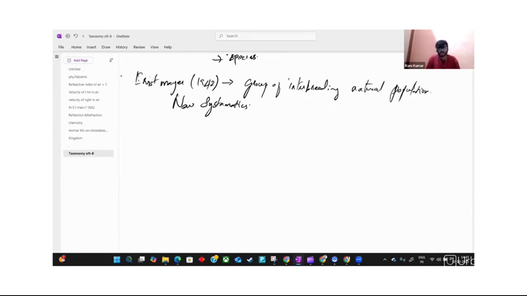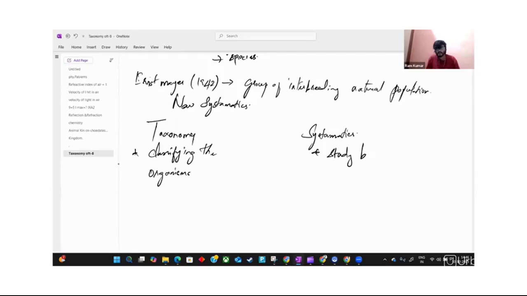Now we need to know the difference between taxonomy and systematics. Taxonomy is a discipline of classifying organisms, whereas systematics is the study of biology that handles the diversification of species.